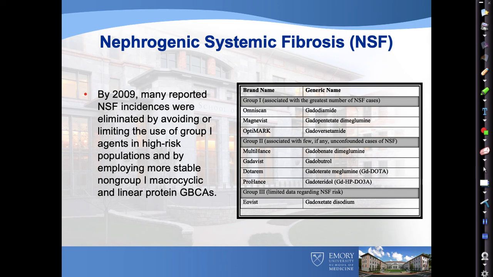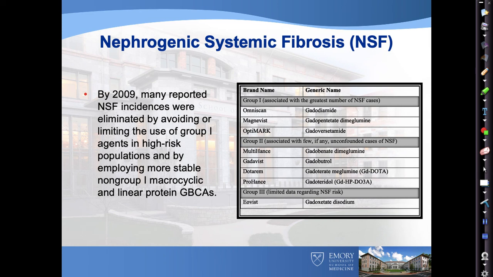Fortunately, by 2009, many reported NSF incidences were eliminated by avoiding or limiting the use of Group 1 agents in high-risk populations and by employing more stable Group 2 macrocyclic and linear protein gadolinium-based contrast agents. So you can see here the Group 1 agents that are associated with the greatest number of NSF cases, which are Omniscan, Magnevist, and Optimark.